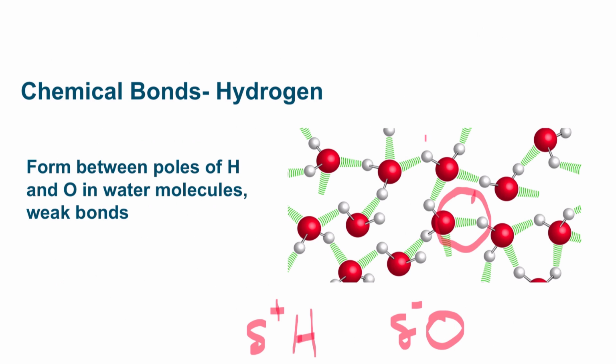So over here, we've got a partial positive and here a partial negative, and they're attracted to each other, just like a magnet. It's a weak attraction because the poles are not the same as atoms being turned into ions. It's barely an electric charge, barely negative over here and barely positive over here, and that creates this weak bond that we call the hydrogen bond. We'll talk more about that with water.